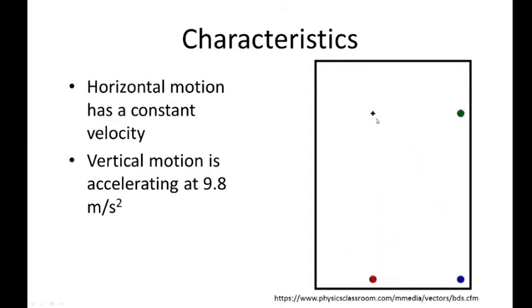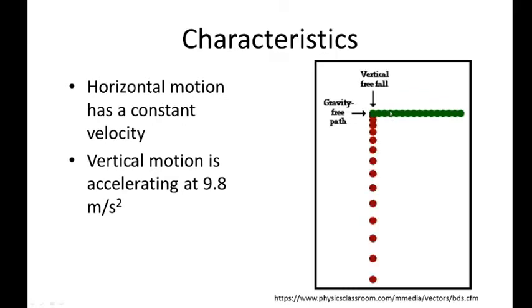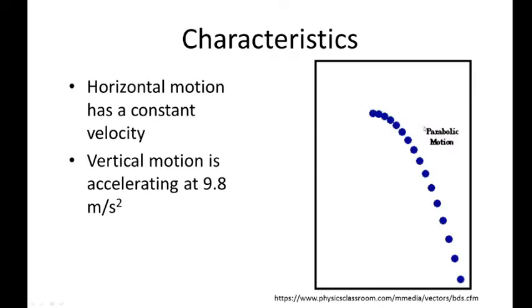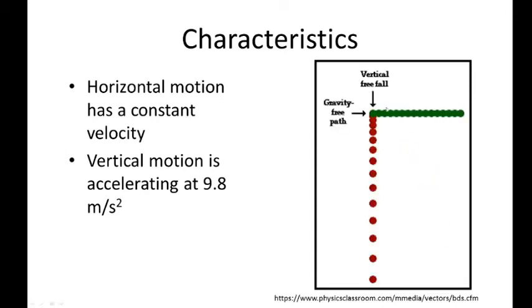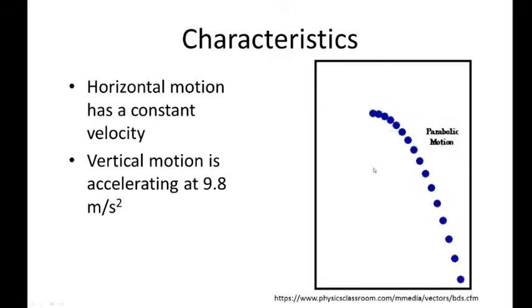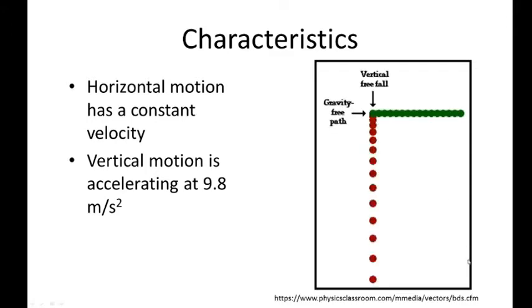But since there is gravity, gravity somehow pulls the object down. So there is a combination of a sideways motion, a motion to the right, and a motion downward. So the result is a curved path.